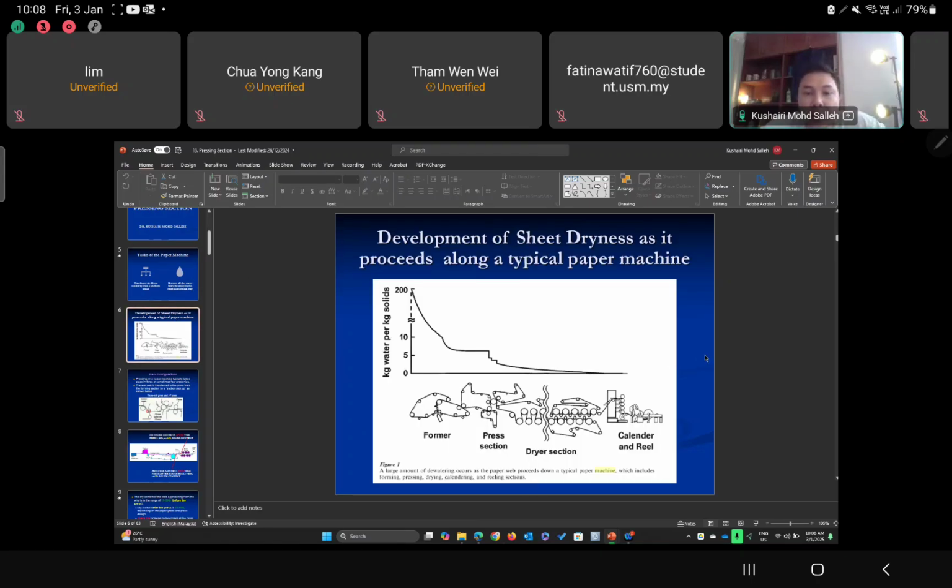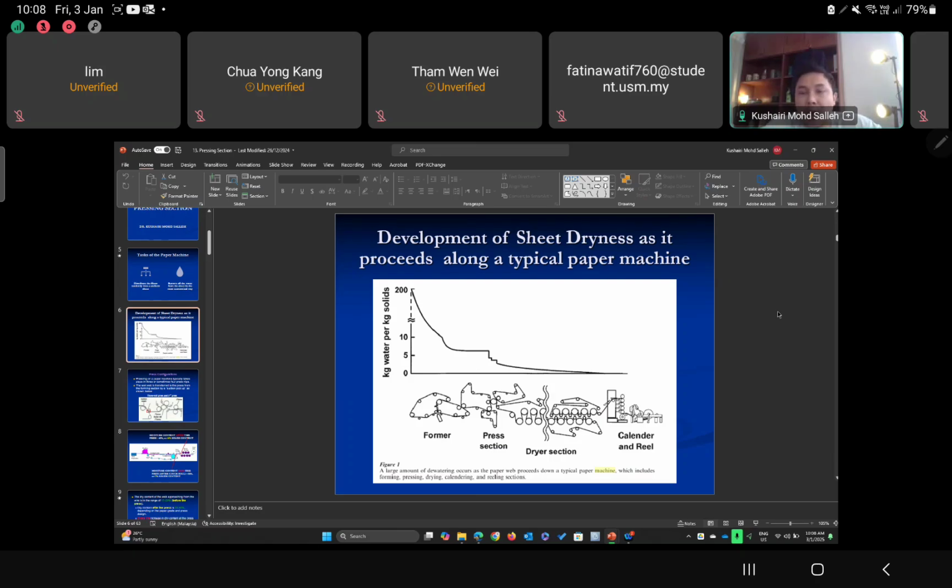This is a very good graphic to show how the moisture or water is reduced according to different sections in paper making. From here we can see that in the forming section we remove a significant amount of water, and the same goes with the pressing section. This is because we need to remove as much water as possible to save energy consumption in the drying section, because the drying section is related to the evaporation process.